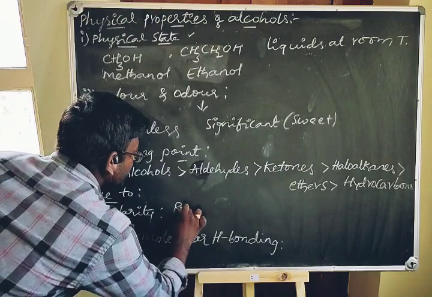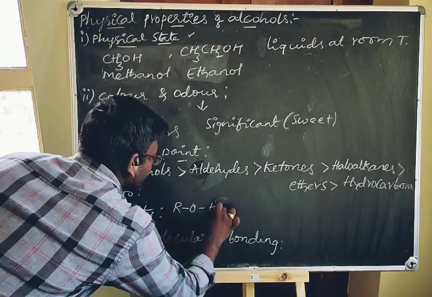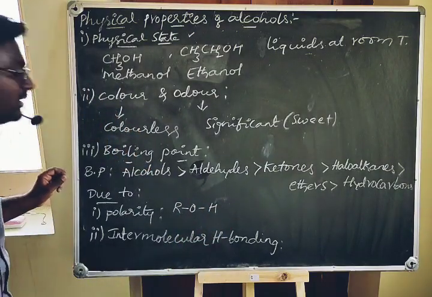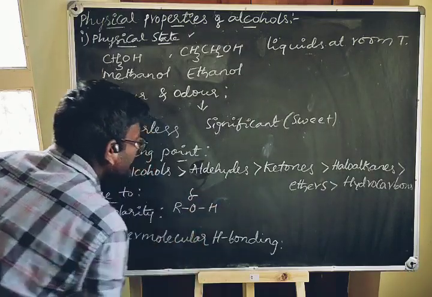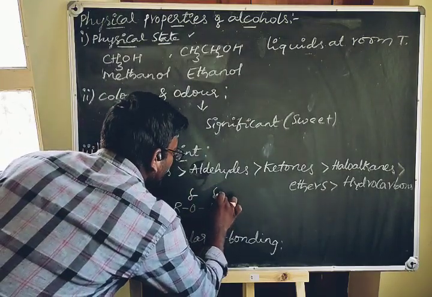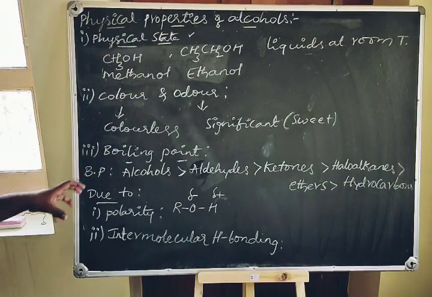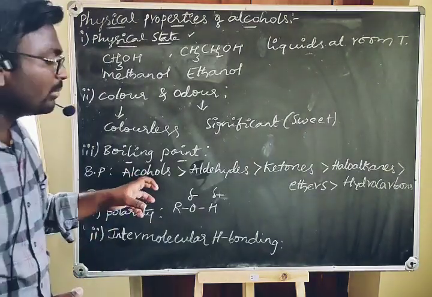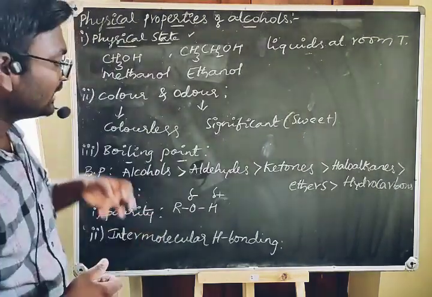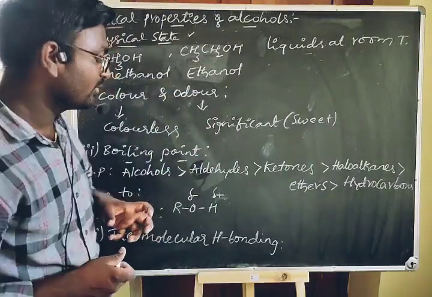When you take ROH, here the electronegative oxygen will have delta minus and this hydrogen will have delta plus. Due to the presence of polarity, one molecule of alcohol attracts another molecule of alcohol.